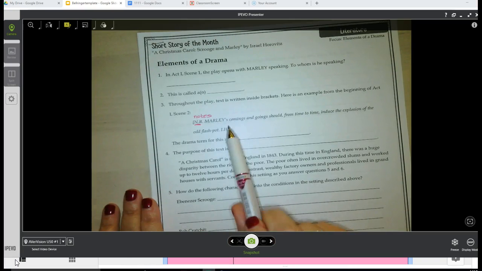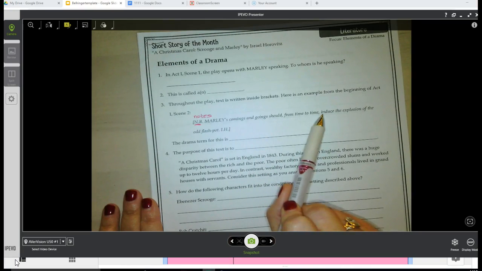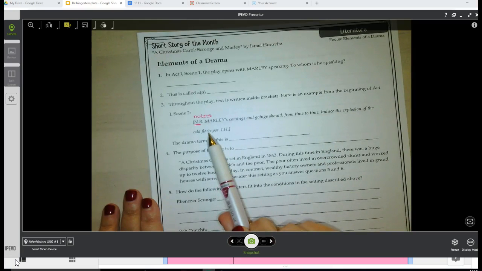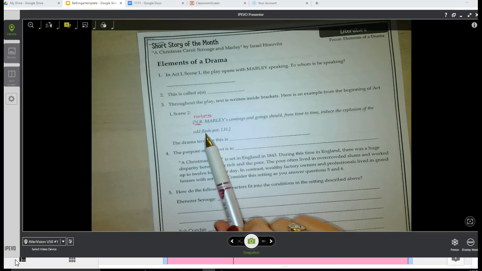Okay, so it says Marley's comings and goings should, from time to time, induce the explosion of an odd flash pot. A flash pot is something that they use in the production of plays, and it creates a puff of smoke. It could be used for a dream sequence, or if fog is supposed to be rolling into a scene, they use this thing called a flash pot.